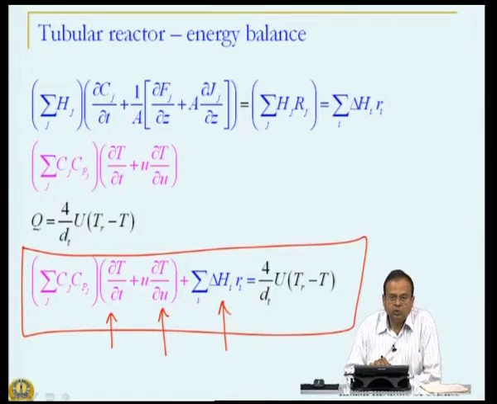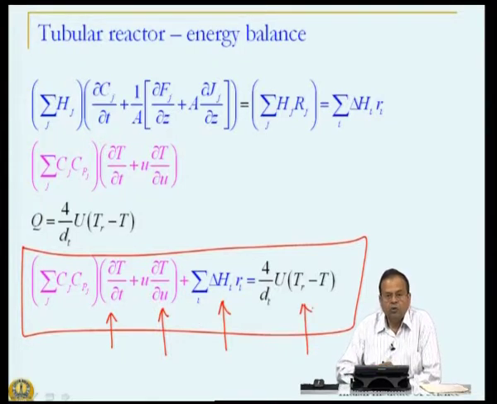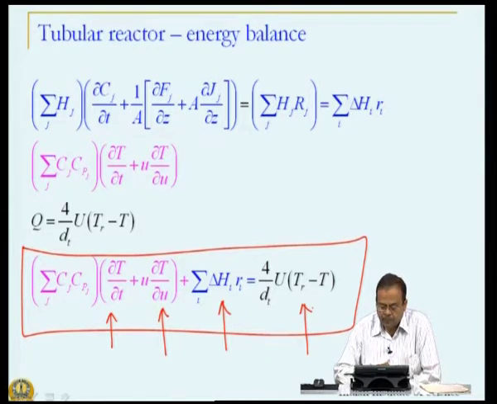If we assume there are R independent reactions, I equal to 1, 2, 3 up to R, each having heat of reaction delta HI, then the sum total of delta HI and RI will be the net generation of energy in the reactor, and the last term accounts for the energy that is added to the system.